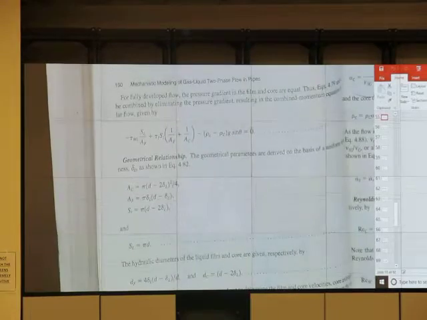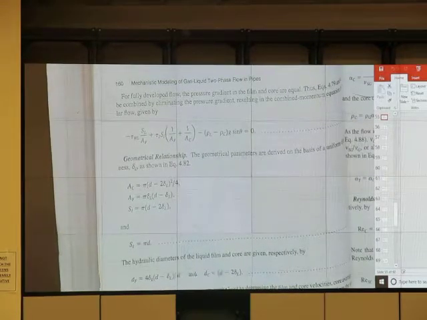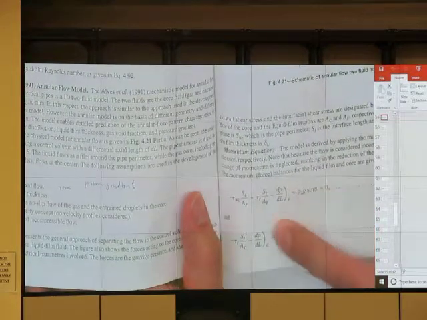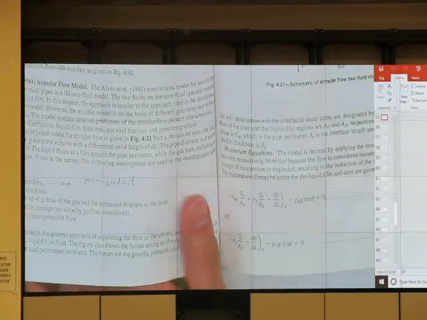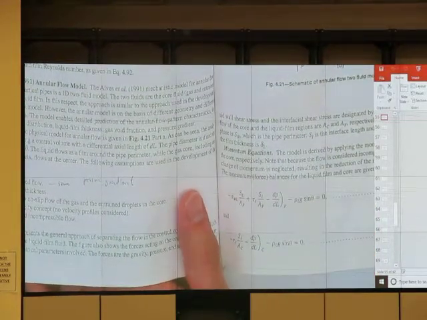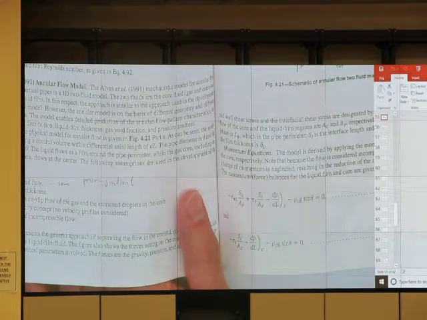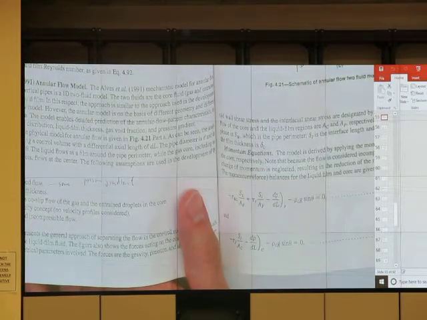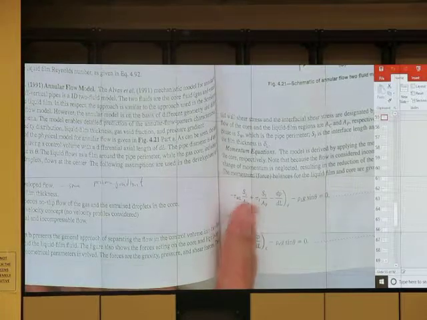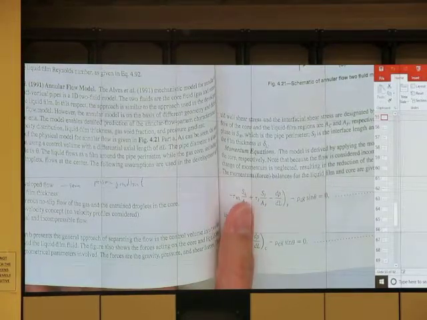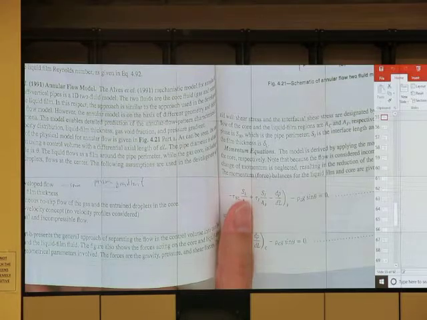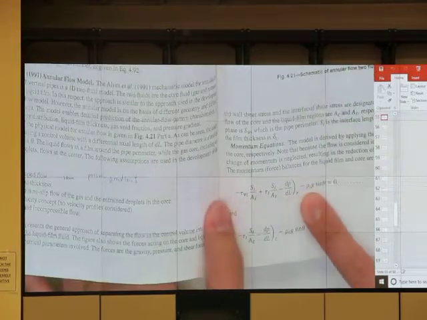I would think it will be more suitable if you use this kind of equation, because it becomes annular flow with entrainment fraction equal to 0. I think you use this one. What do you think? I prefer this. This will be correct for sure.